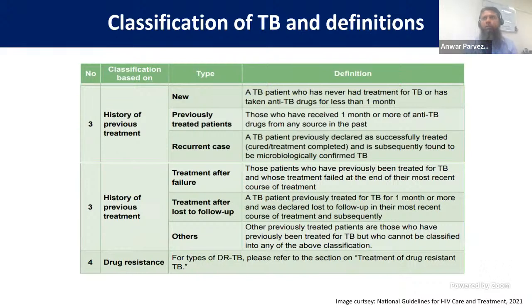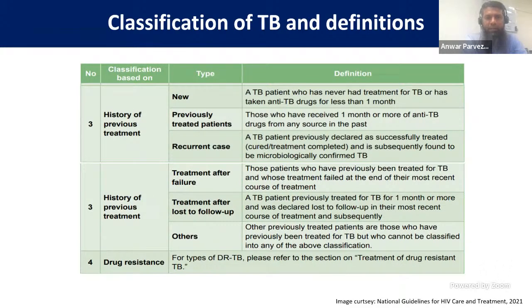Any patient who has not been treated with anti-TB treatment in the past, or treated for less than 1 month, is called a new TB case. This can be in a private clinic, in the program, or wherever. If the patient has taken anti-TB treatment for less than 1 month and now is microbiologically confirmed to have TB, it is called a new case.